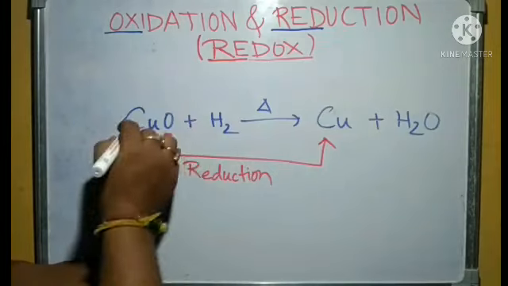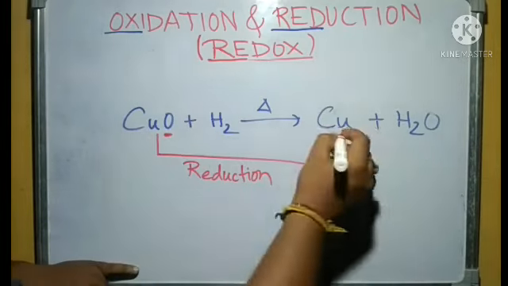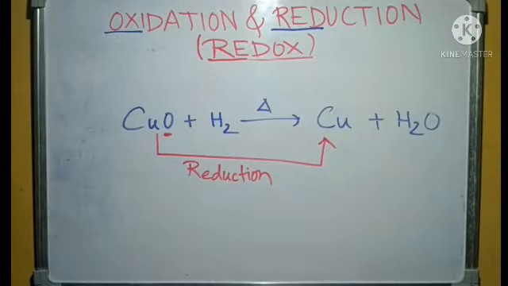So copper oxide is reduced to copper. This is a reduction process because copper oxide is losing its extra oxygen atom, and losing of an oxygen atom or gaining of a hydrogen atom is called reduction.